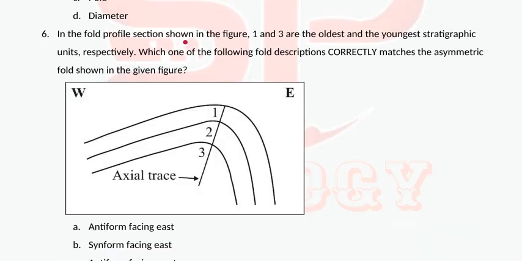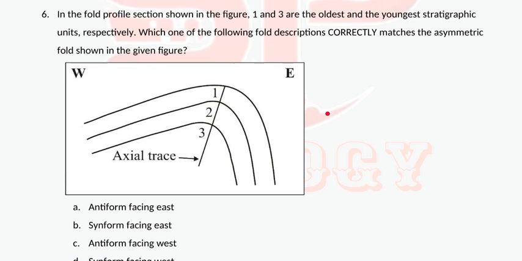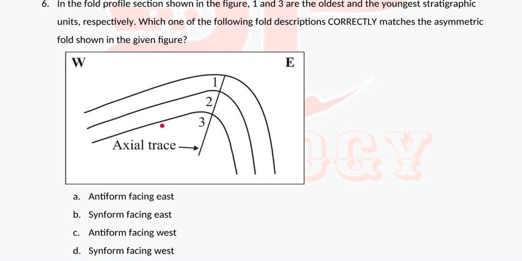In the fold profile section shown here in the figure, 1 and 3 are the oldest and youngest respectively. 1 is the oldest and 3 is the youngest. Which of the following expressions correctly match? First, this is an antiform.